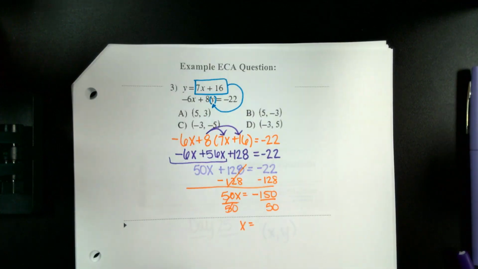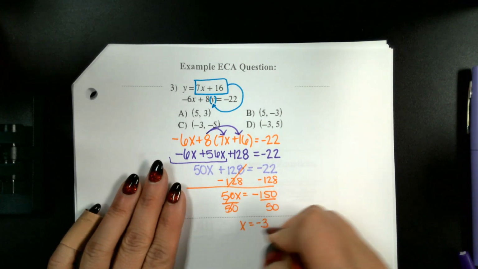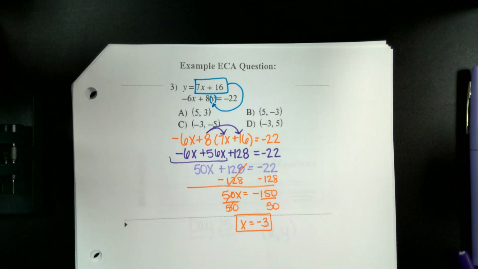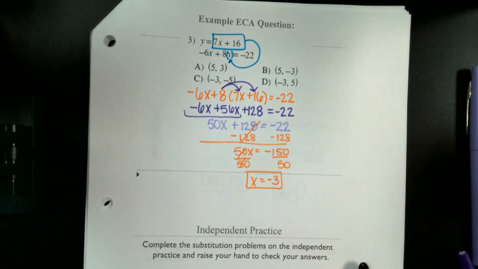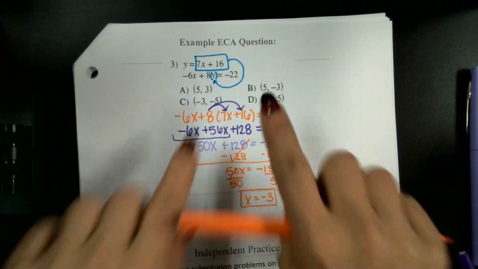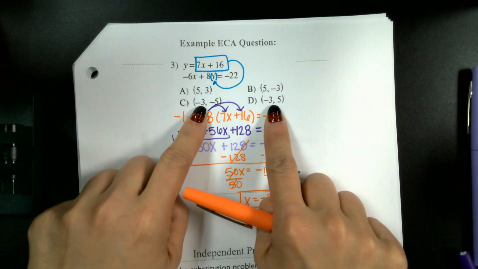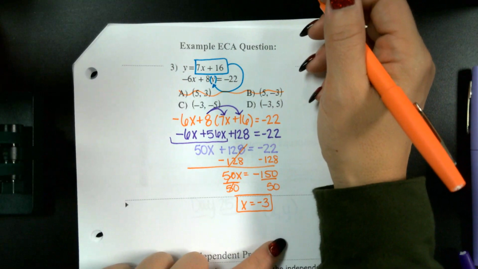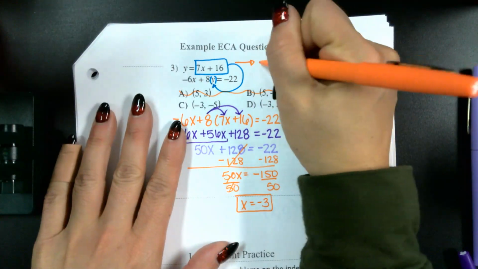Okay, so what did you guys come up with for your x value? I got a negative 3 also. So now, the good thing about having multiple choice is we know it's one of these two, right? We know those are out. But we still need to take that negative 3 and plug it in up here.